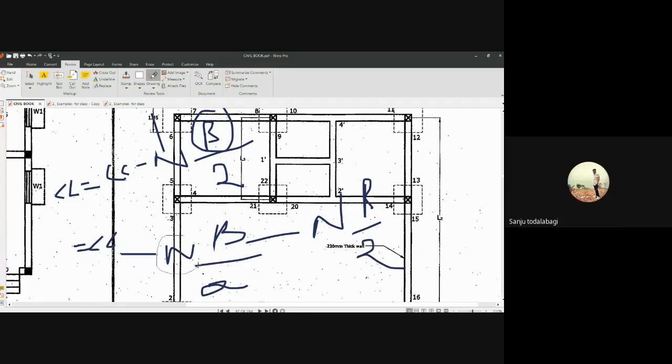Here n is the number of junctions where a column is meeting with a wall. Here the second n is a wall meeting with another wall. Two types of n will come. This may be b1 or b2, but try to understand.